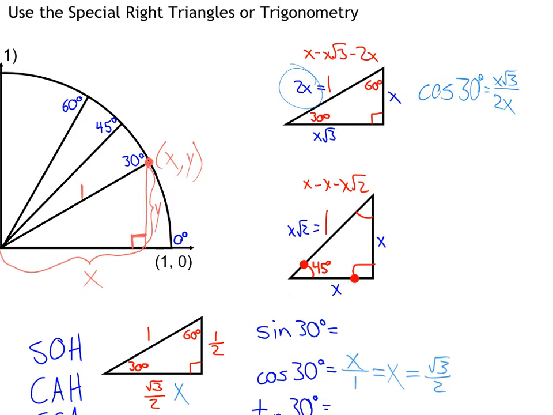Well, the x's can cancel out, and I'm left with just root 3 divided by 2. So cosine of 30 is this over this, adjacent over hypotenuse. If the x's cancel out, it will always equal root 3 over 2.